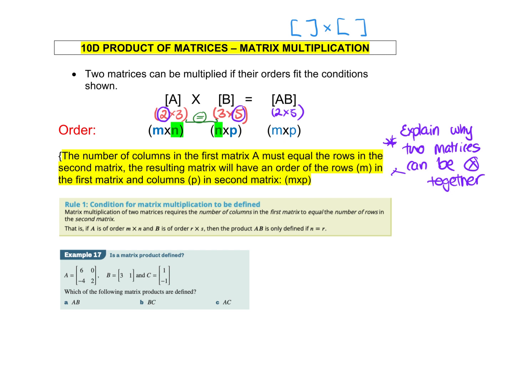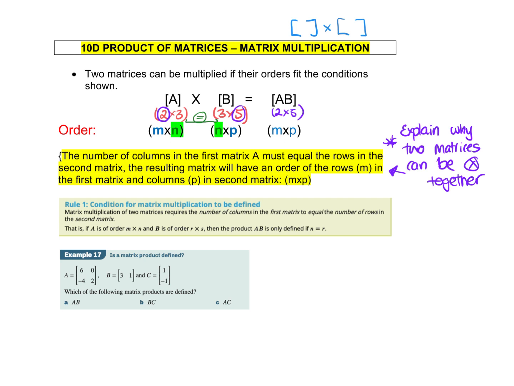You must write that wording. Don't draw the orders and write equals. No. When they say explain or write why, you're going to write that. Obviously, you may have different letters. It might not be matrix A, it may be another matrix and so on. Okay? So, for them to be defined, we know that the columns in the first have to equal the rows in the second.